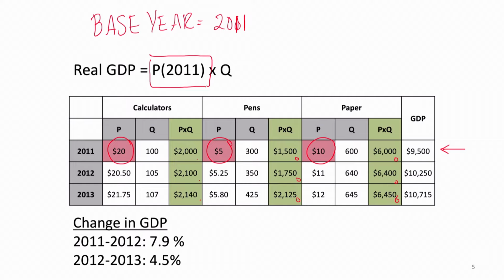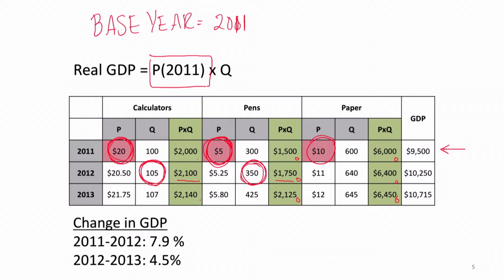as we see here. But now, for 2012, for calculators, we use the price in 2011, $20, multiplied by the quantity in 2012, and that gives us a market value in real terms of $2,100. Same thing for pens. We keep the price as the price in 2011, $5, but we change the quantity to reflect the quantity of pens produced in 2012, with a market value of $17.50.